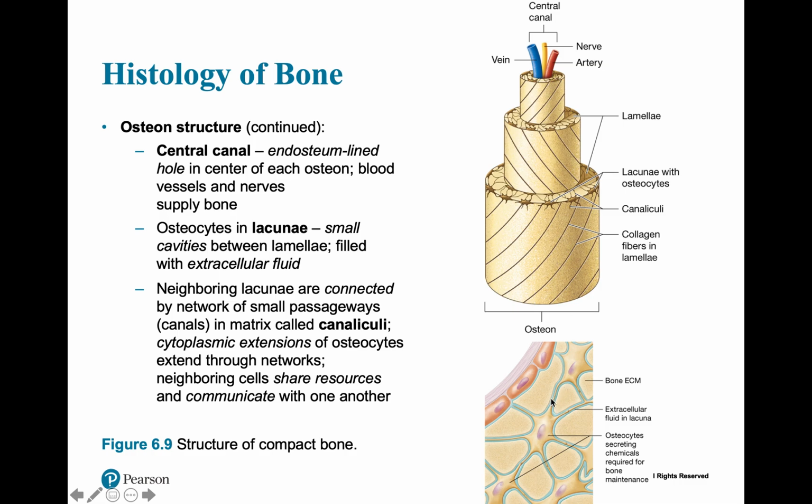All right, so these little channels that allow the cytoplasmic processes of neighboring osteocytes to connect are called canaliculi. So canaliculi are channels that allow osteocytes to connect their cytoplasmic processes. Canaliculi refers to little canals.